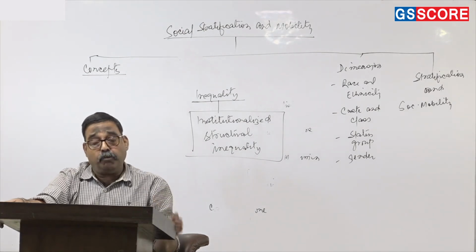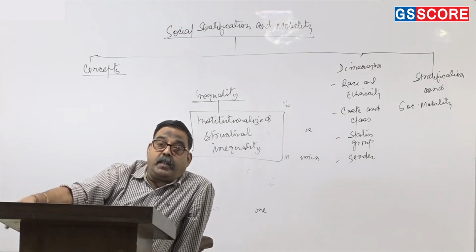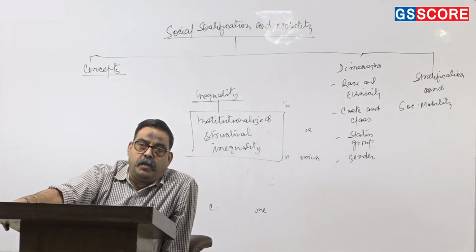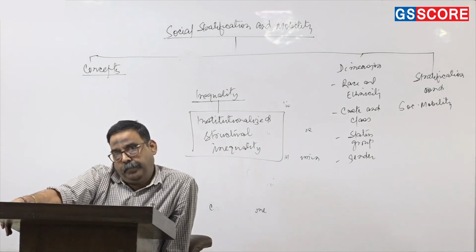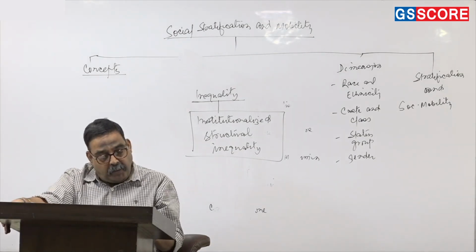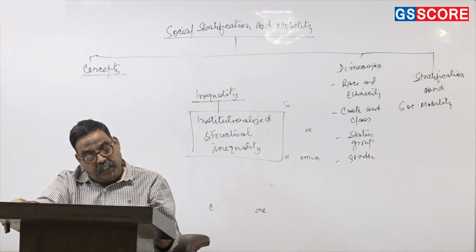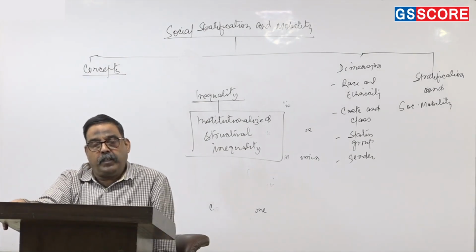Which may be related to the movement from one place to another. But mobility is not to be confused with migration. And once you have talked about vertical mobility, then you talk about horizontal mobility.